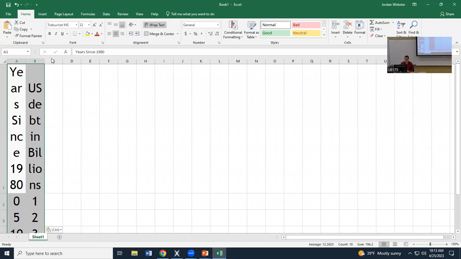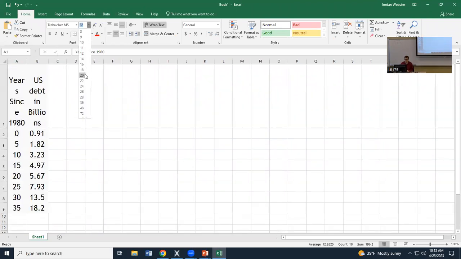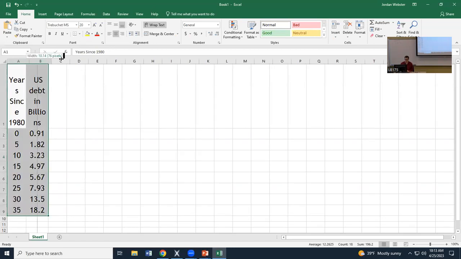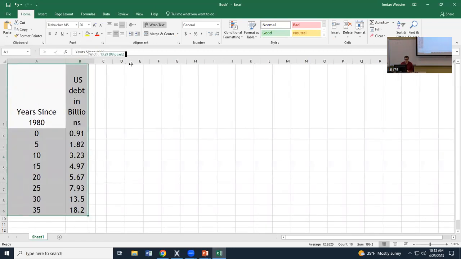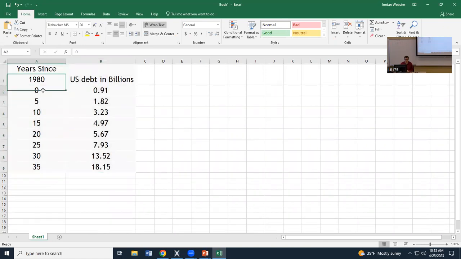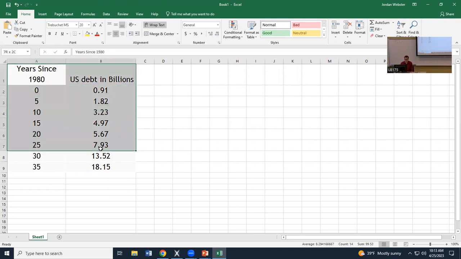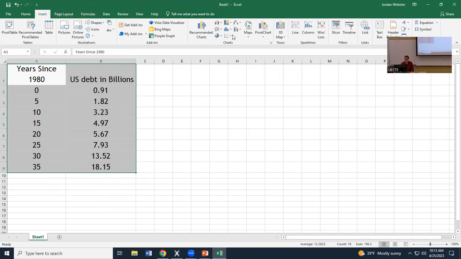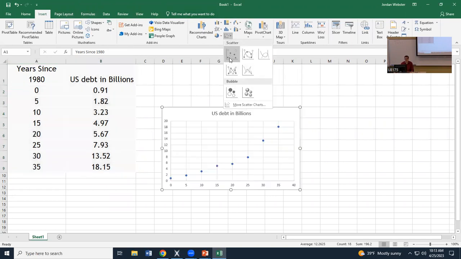So I go to Excel, and I put those data in. Now I'm going to highlight these, and I am going to insert a scatter plot.